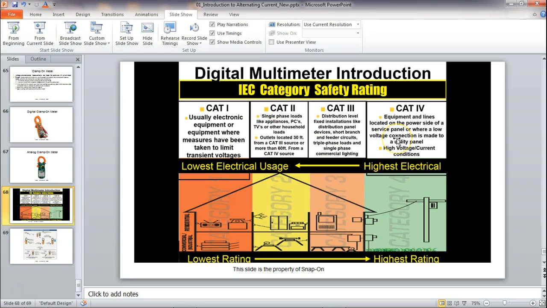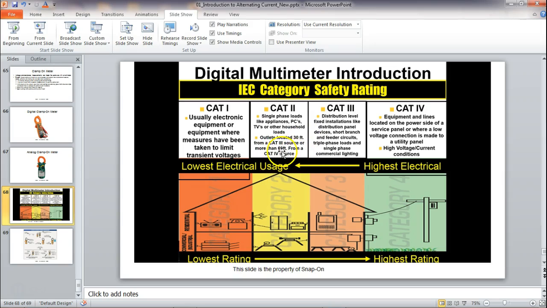If I'm going to get on the distribution side of the system, then I'm going to have a Cat 4 meter. Now, that's not only true, it also says right here that the Cat 2 meter can't be used within 30 feet of a Cat 3 source.